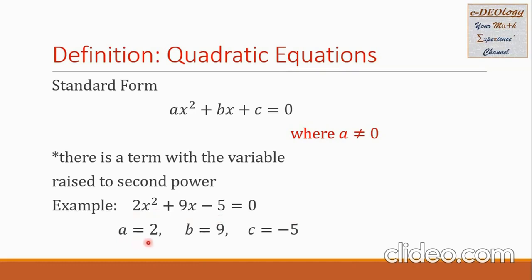So a equals 2. The b is the coefficient of the x. So in here the b equals 9. And the c is the constant. So c is equal to negative 5. Do not forget the sign of the constant.